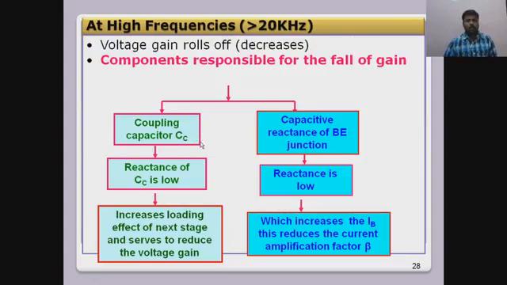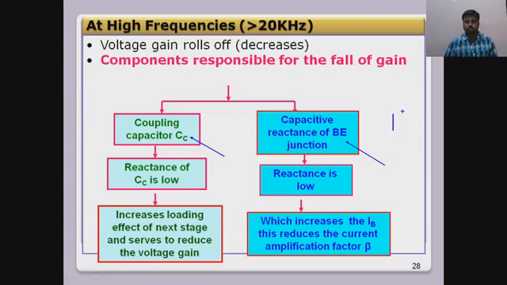For this, the same coupling capacitor is now responsible for the fall of gain at high frequencies, and here also another thing, which is the capacitive reactance of the base emitter junction of the transistor.